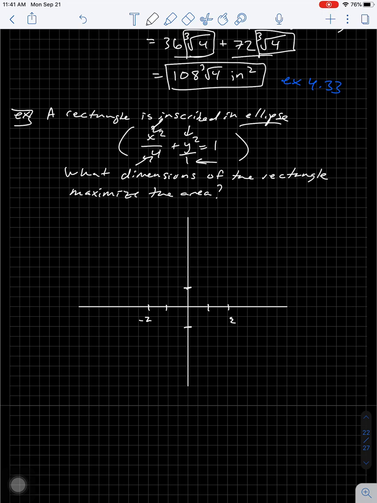So that's how far you go on the y-axis. So it looks like this. Okay? Only pretend like that hit the marks right on, okay? That's your ellipse. And then you've got a rectangle that's inscribed in it. What that means is the corners touch and it's on the inside. Okay, I'm going to try to get that to happen here in my picture.